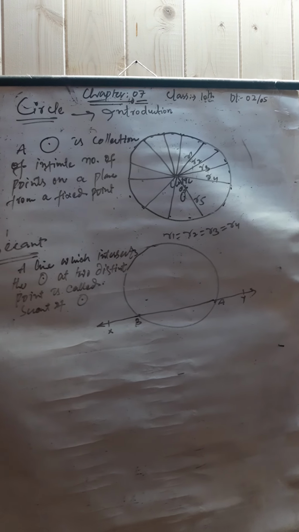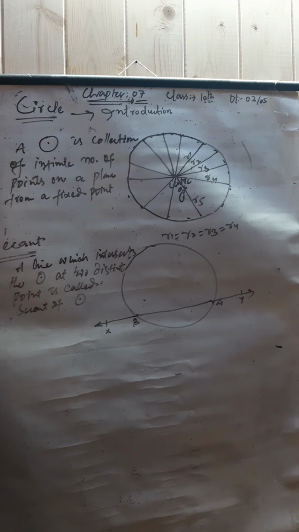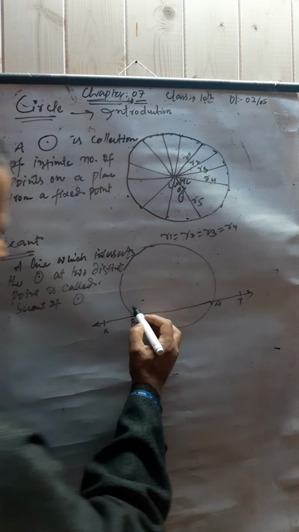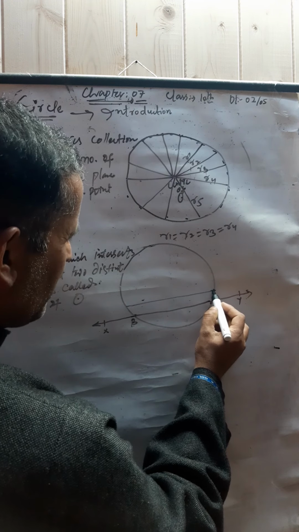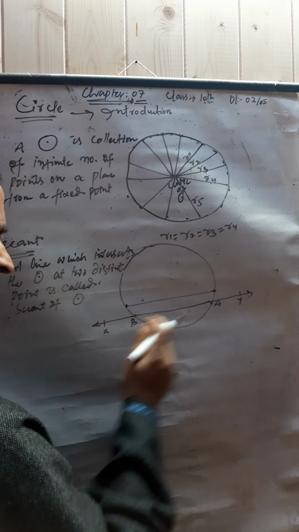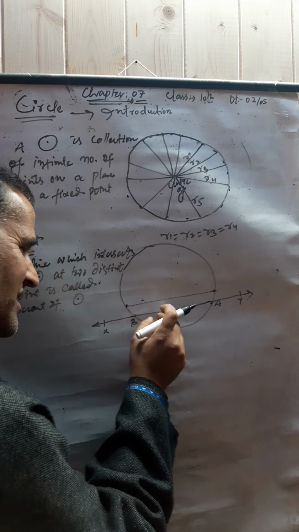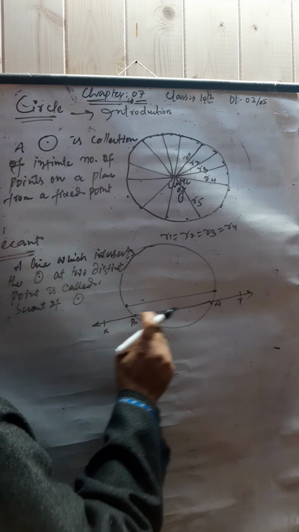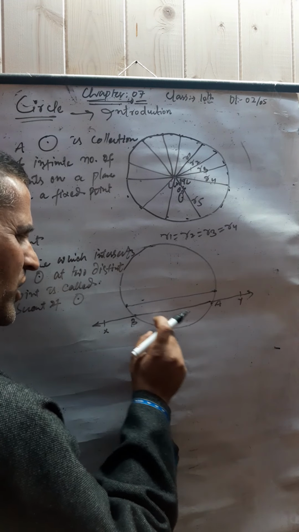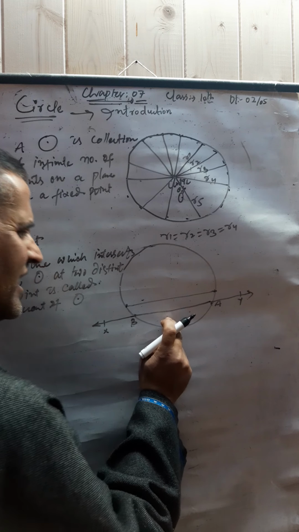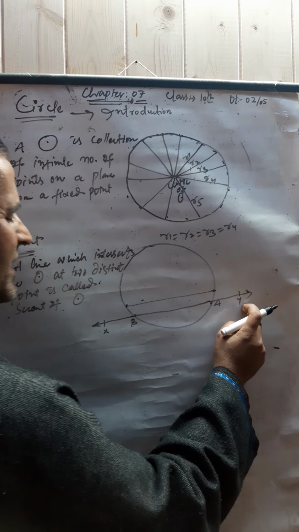So once again, a secant and a chord. Once again we will take a chord like this, which touches two different points of a circle. It is drawn internally within the circle, but this secant passes through the circle, so it is within the circle and it is also outside the circle.